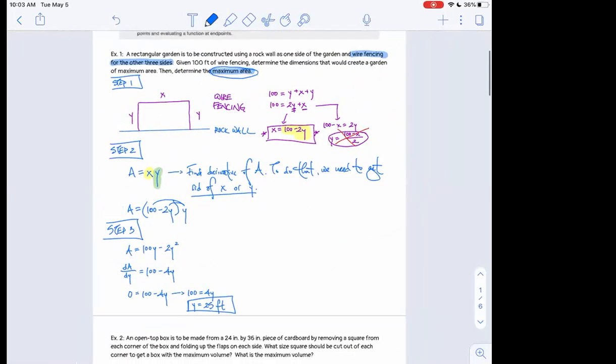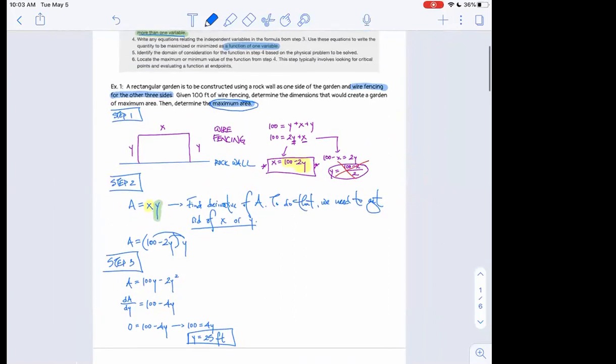Let's go back to the question and make sure that we've answered it in its entirety. It says, given 100 feet of wire fencing, determine the dimensions that would create a garden of maximum area. In order to answer the question I need y, but I also need x. X and y together will give me the dimensions.